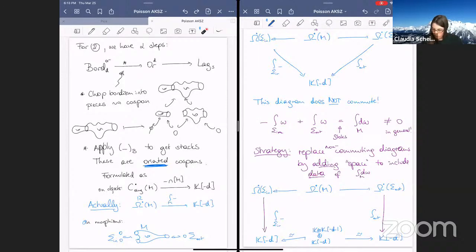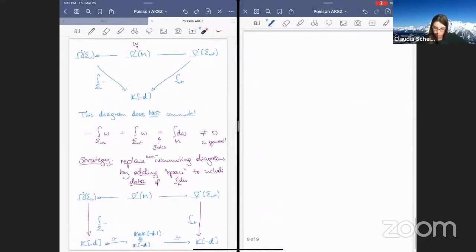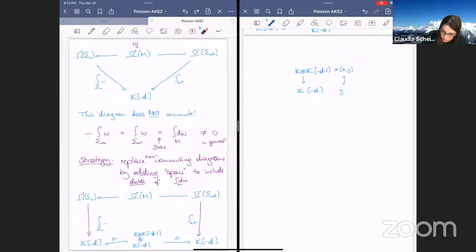Let me elaborate what this is. What's this k plus k going down to k? This takes an (x, y) and sends it to y minus x. That's my chain complex in the middle. And what's this map in the middle? Let me call this red now.